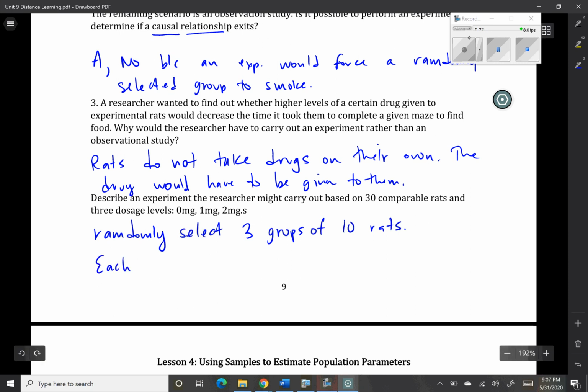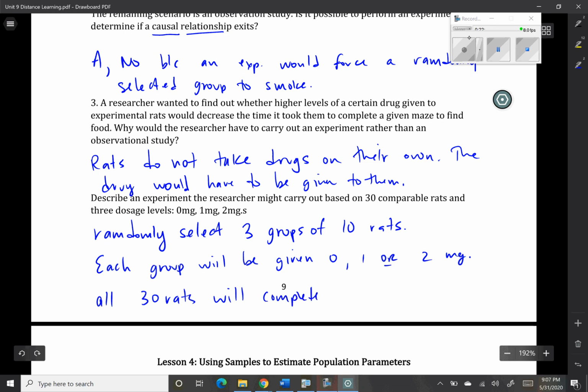Each group will be given 0, 1, or 2 milligrams of the drug. And then all 30 rats will complete the maze, and times will be recorded.